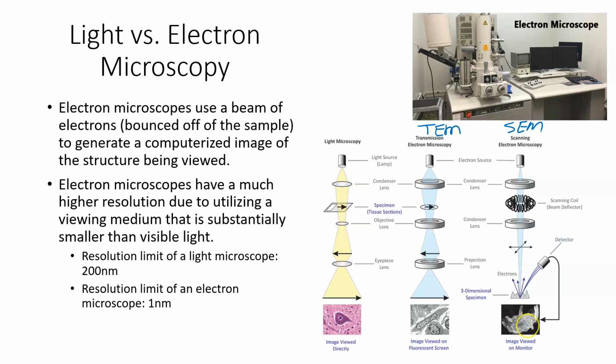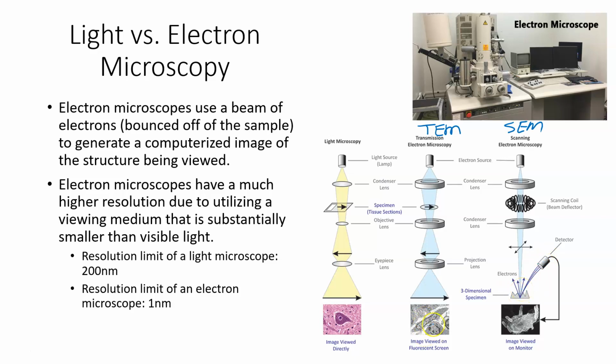We get a detailed three-dimensional look at the surface detail of a specimen by shooting a beam of electrons off a preserved specimen and collecting all of those bouncing electrons with a detector. Just like scanning a document, we utilize the beam of electrons and detect them as they bounce off.